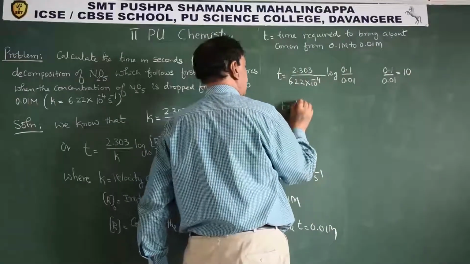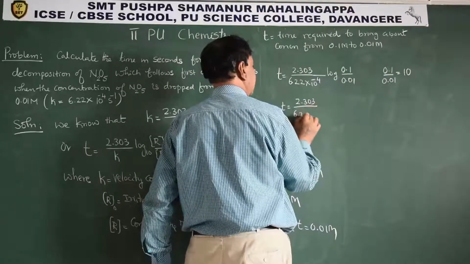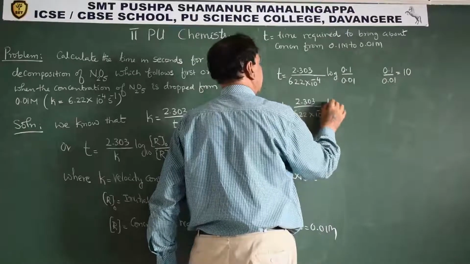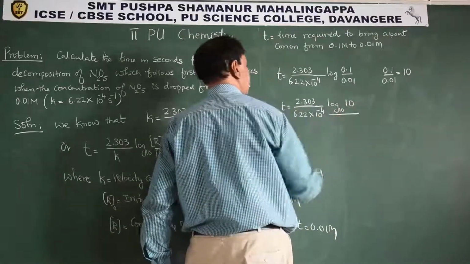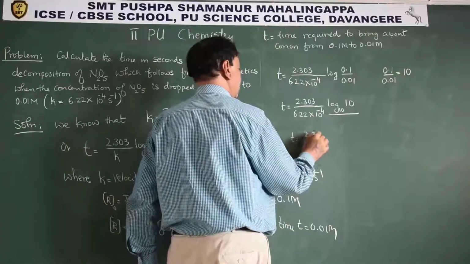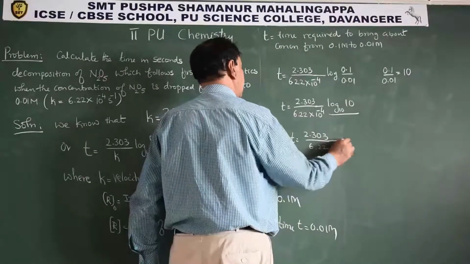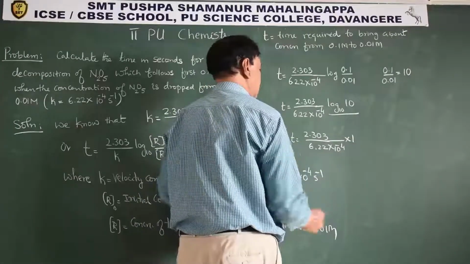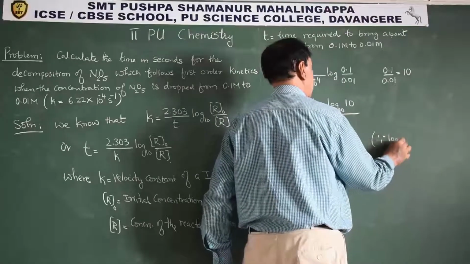So t is equal to 2.303 divided by 6.22 into 10 to the power of minus 4, into log base 10 of 10. You know that log base 10 of 10 is equal to 1.